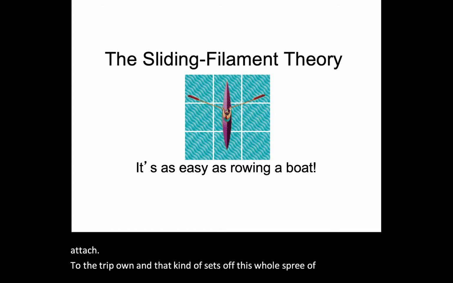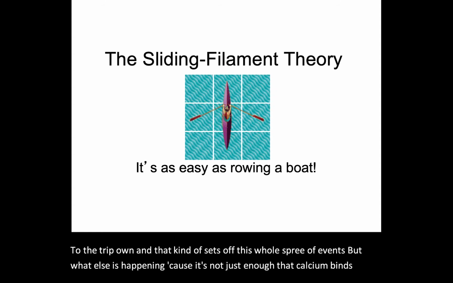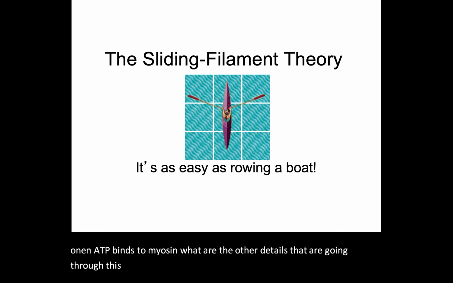But what else is happening? Because it's not just enough that calcium binds to troponin and ATP binds to myosin. What are the other details that are going through this process? That is what the next few slides are going to look like.